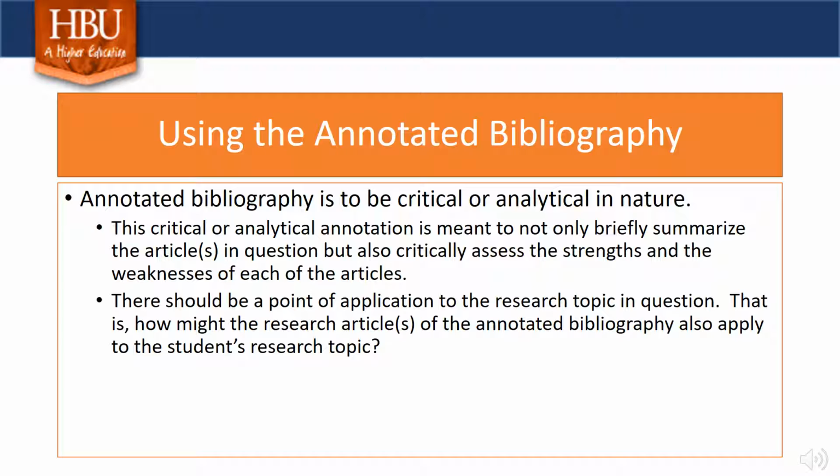You'll need to think about the strengths and weaknesses of the articles, and it will also allow you as the researcher to consider how those articles could then apply to your own research. This will be a very, very helpful process as we think about narrowing that question, getting at some of our other pieces in terms of variables and hypotheses, as well as understanding our conceptual and our theoretical framework.